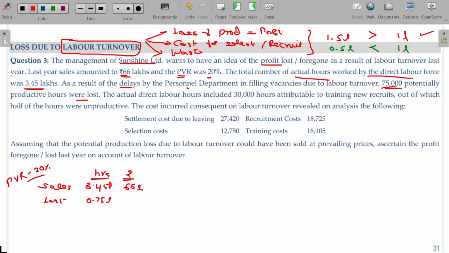If that 75,000 hours were also properly available without any loss of recruitment or labor turnover, what could be the sales we could have achieved because of this? You can find that using cross multiplication. So 66 lakhs into 0.75 divided by 3.45 lakhs.